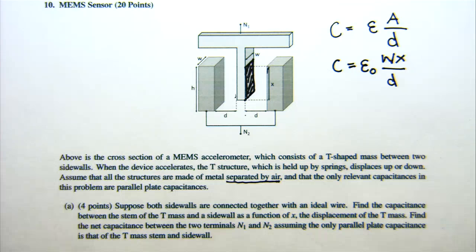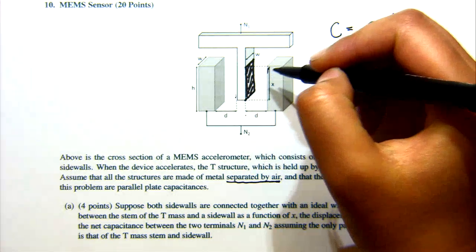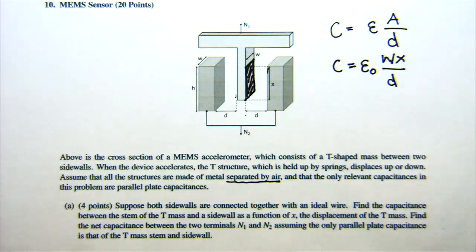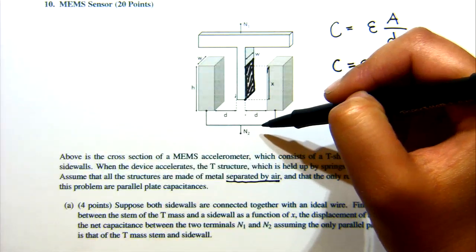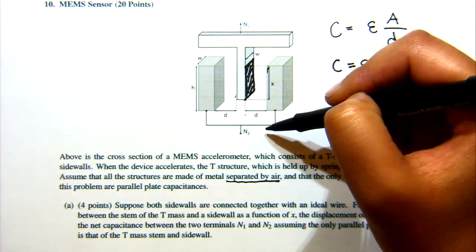Now we need to figure out how they are connected, because we want the equivalent capacitance between N1 and N2. Are these connected in parallel or in series? What do you guys think? Parallel. Okay, I'm hearing a lot of parallel. The reason they're in parallel, which is what Alice was explaining to us earlier, is that we have N1 and N2 as our two nodes, and they're both connected across like that.